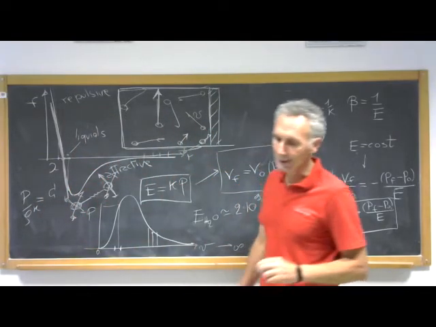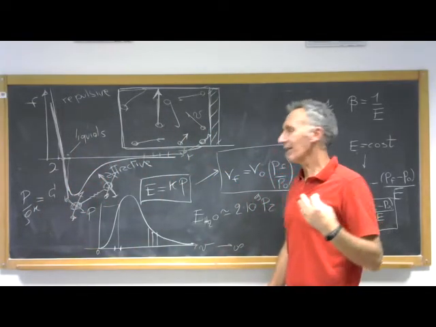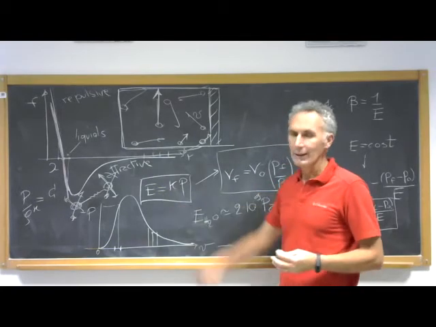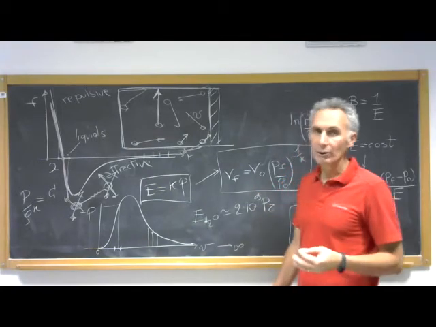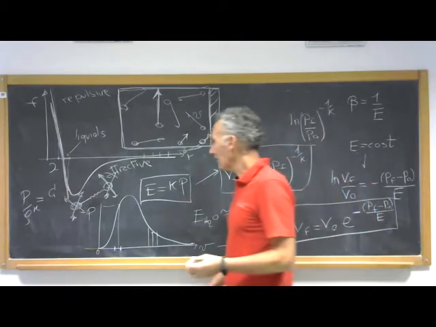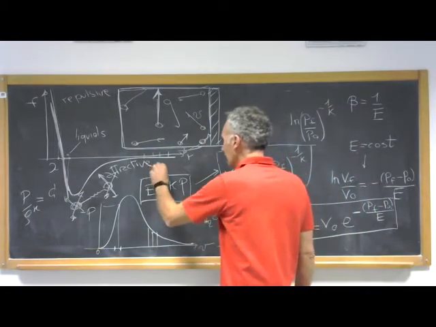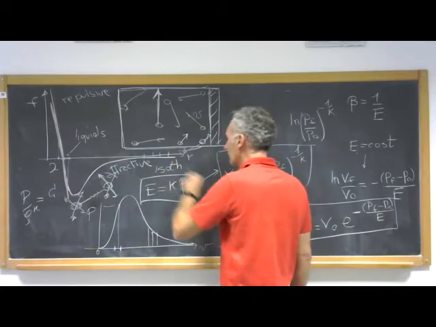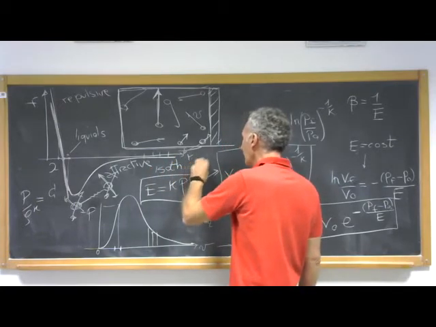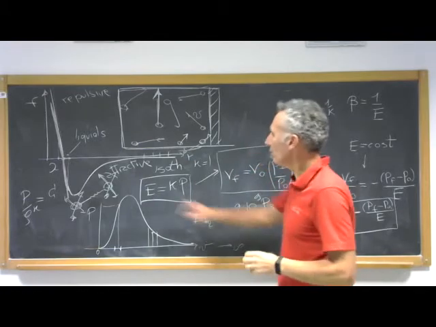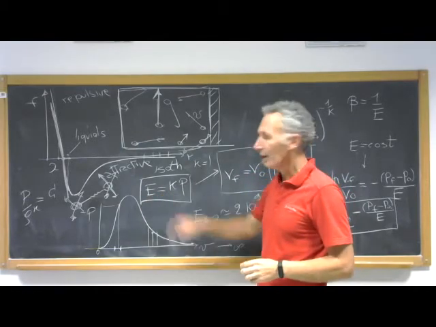So this is telling us that when you compress a gas, it makes a difference what kind of transformation you are trying to impose. Now, I remind you that for an isothermal transformation, K is equal to 1. So it means that E is just p.